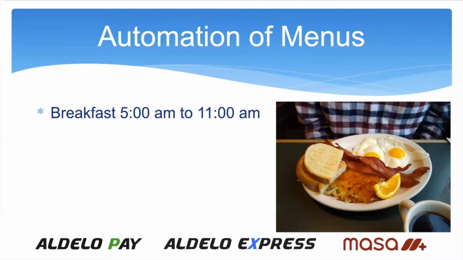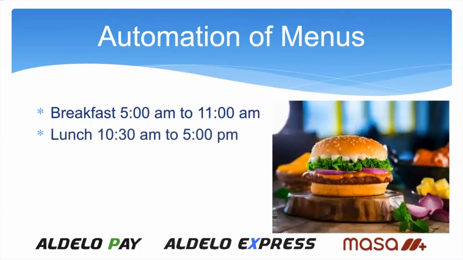And then lunch starts maybe 10:30. So you have that 30-minute overlap. This actually gives the restaurant time to change over the kitchen. If you don't know, when a restaurant goes from breakfast to lunch, they really have to reset the operation in the kitchen. They have to take the breakfast items off of the serving and prep area and replace those with the lunch items.